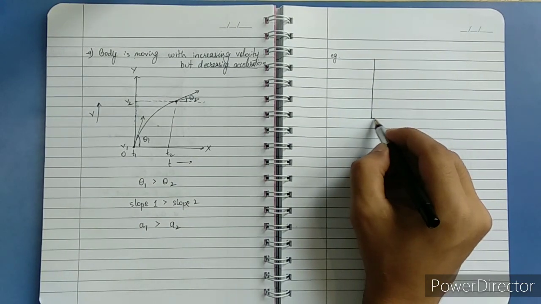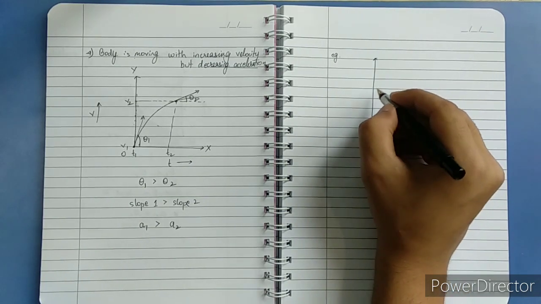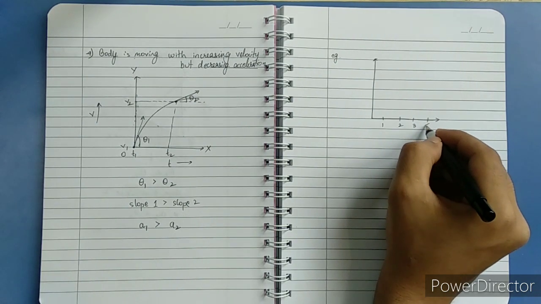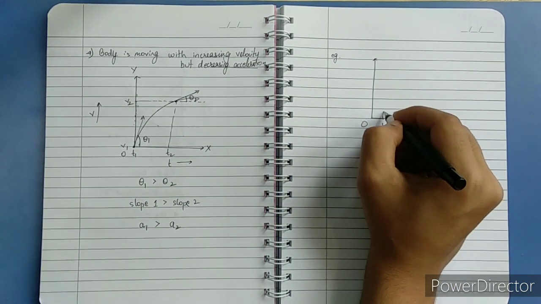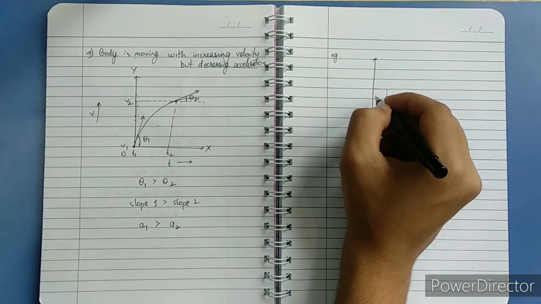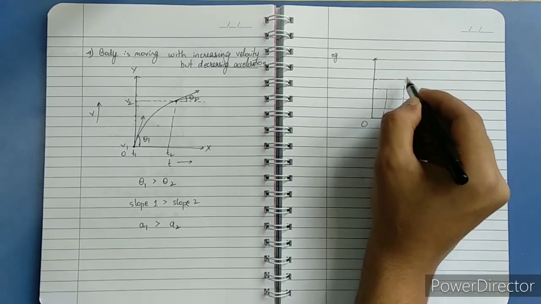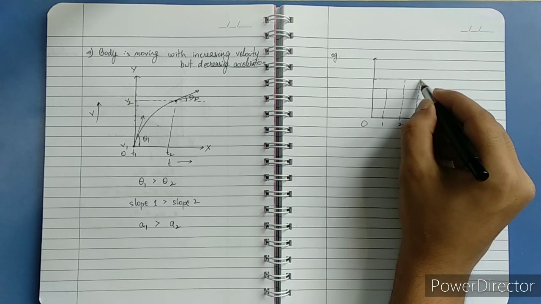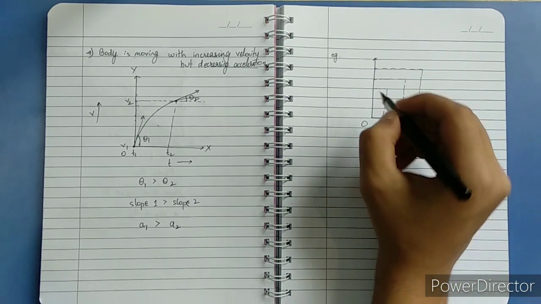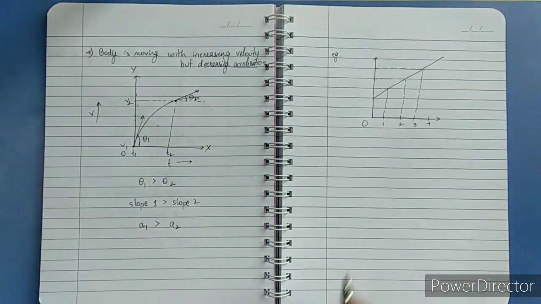Okay. Let's take an example over here. Say 1, 2, 3, 4, origin. Say we are taking a straight line like this.